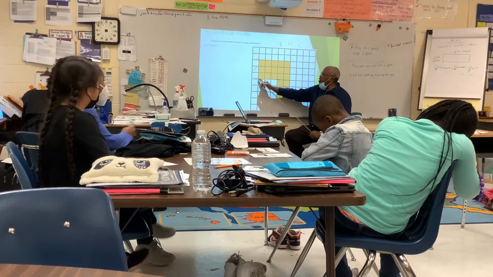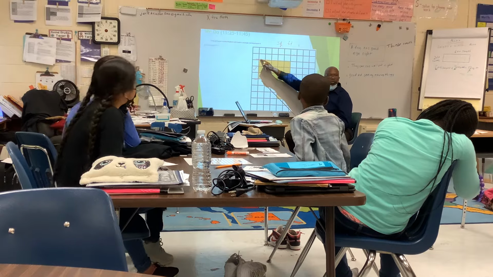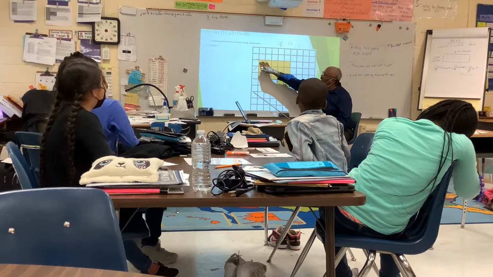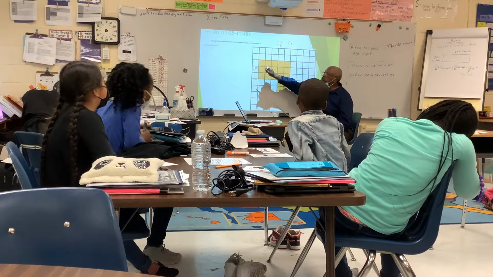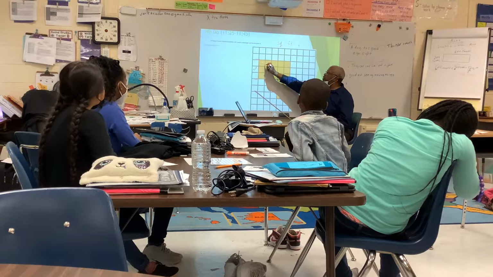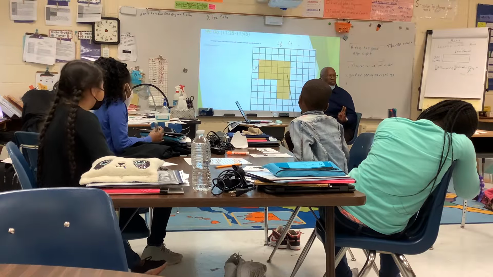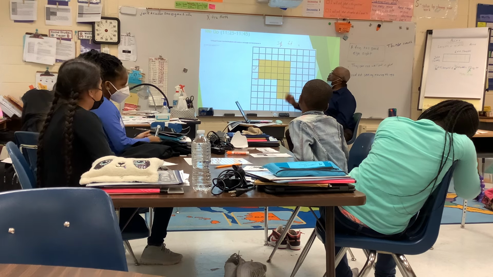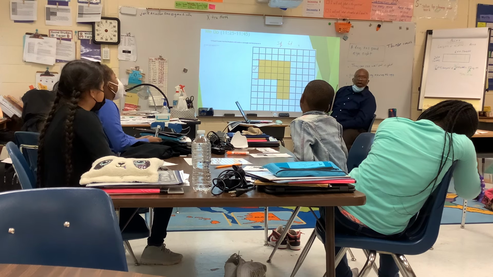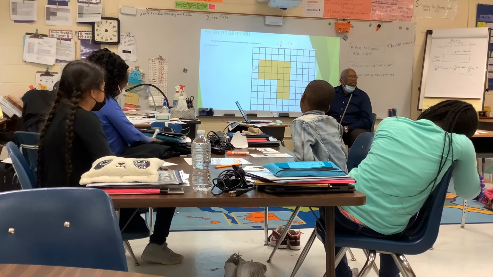Starting here, there'll be 0, 1, 2, 3. Square feet is this whole square, 1 foot this way and 1 foot that way. That would be a square foot.